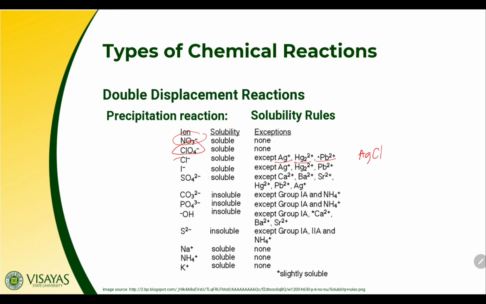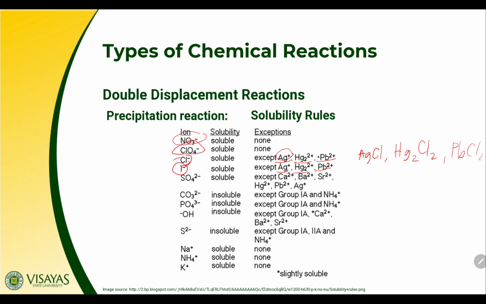So silver chloride, when silver ion combines with chloride ion, then we have mercury 1 chloride and lead 2 chloride. Okay, again, all chlorides are soluble except when they are combined with silver, mercury 1, and lead 2. Same with iodides. They are all soluble except when they are combined with silver, mercury 1, and lead 2.